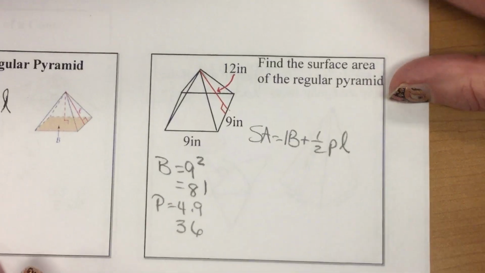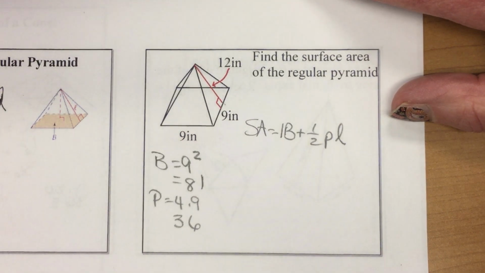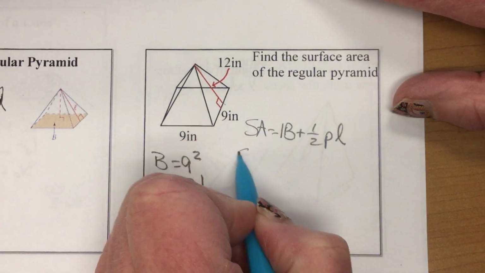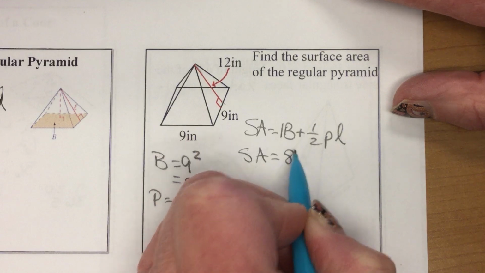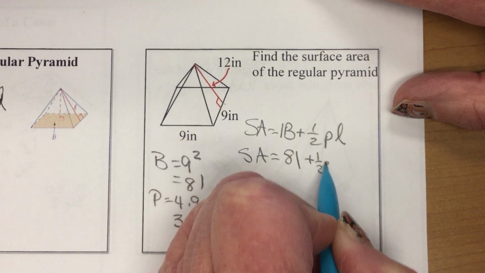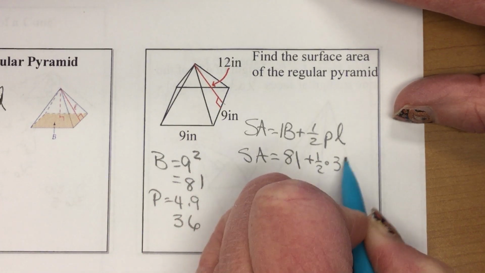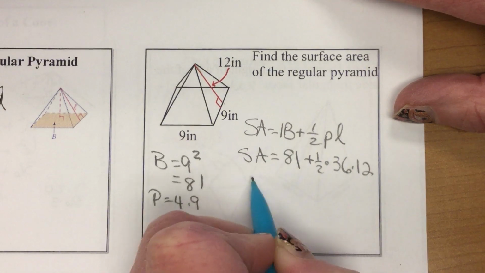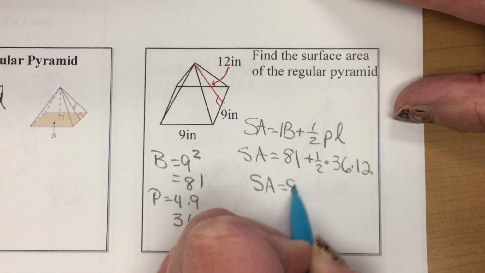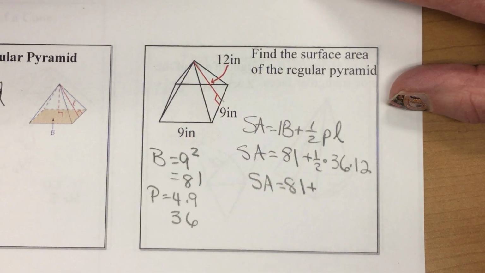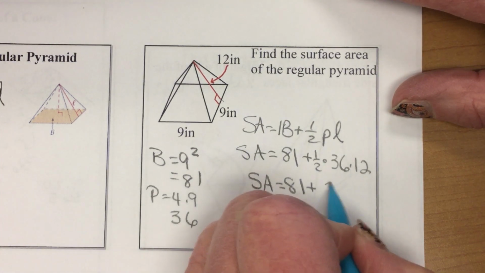Sorry about that. So, surface area equals 81 plus 1/2 times 36 times 12. 81 plus 1/2 of 36 times 12, 216.